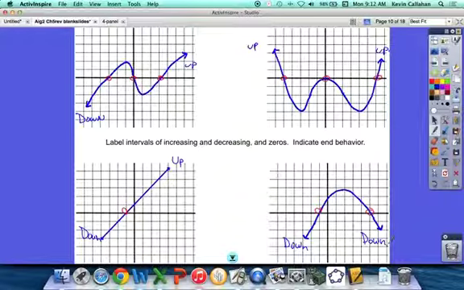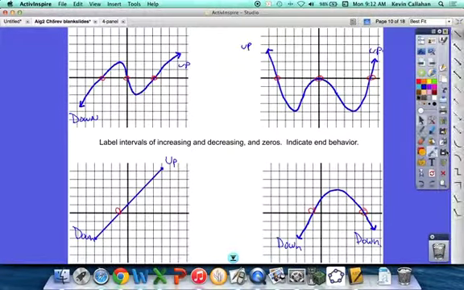And then the last part of it is identifying where the graph is going up and where the graph is going down, right? Not to be confused with the end behavior. Let's go here. Right, this graph here has got 2 turning points in it, right? Here and here.